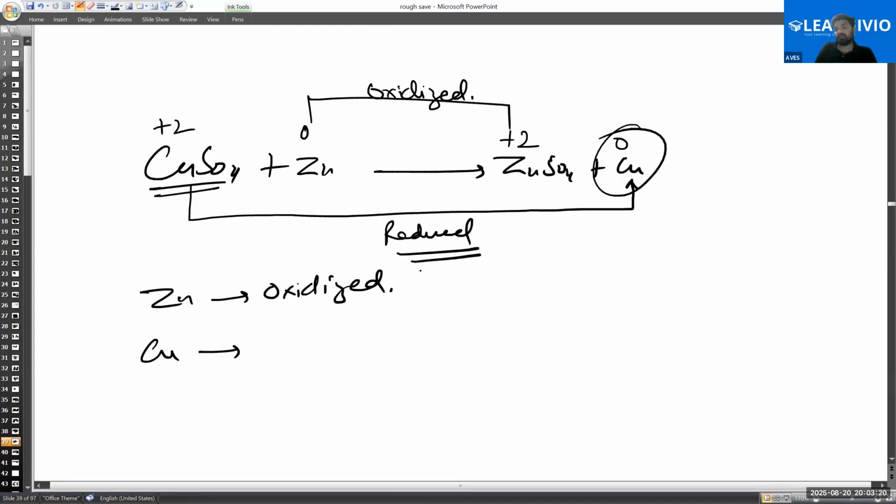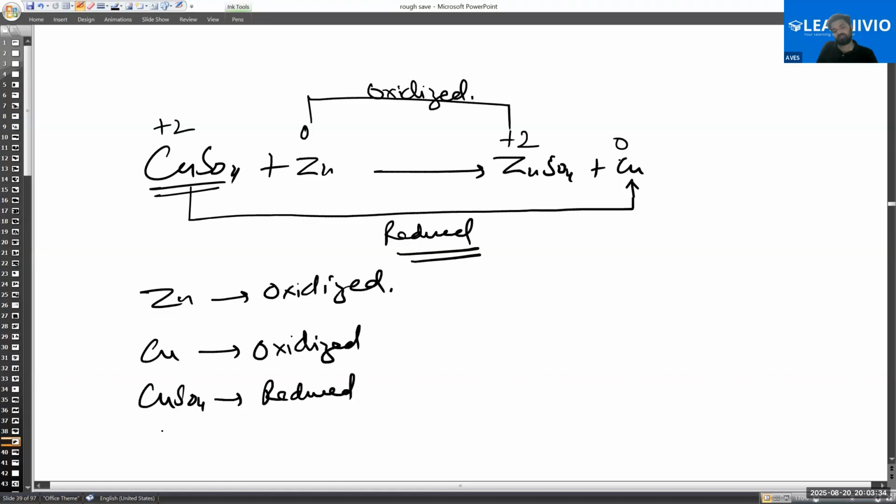Copper is not there, it is copper sulfate, not copper. So 0 to +2 is oxidized. Copper sulfate is reduced. And zinc sulfate, again check it in reverse, from zinc +2 to 0, it is reduced.